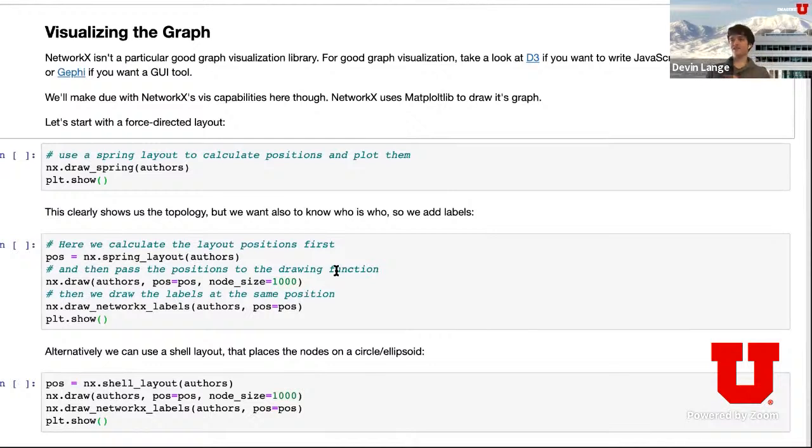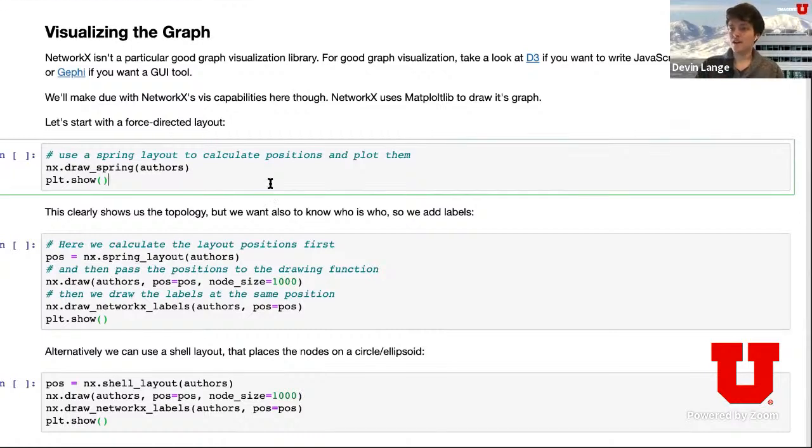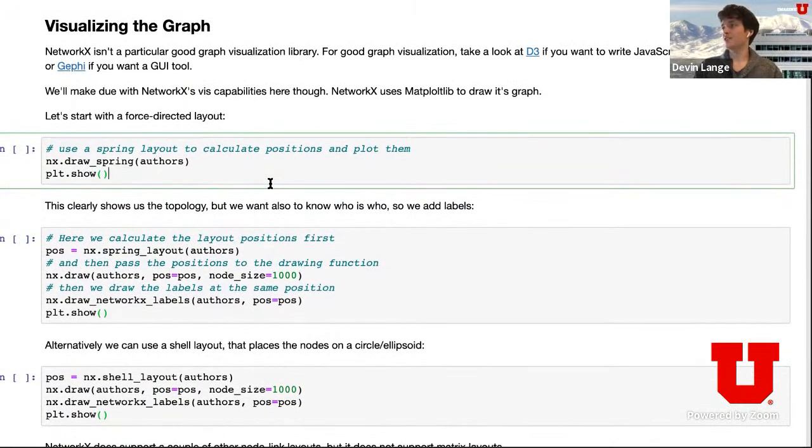With graphs, it's often a good idea to do some visualization of it. It's a lot easier to see these smaller graphs. And NetworkX isn't necessarily the best visualization tool. There are more sophisticated ones like D3 if you want to write JavaScript code, as well as Cytoscape and Gephi. But it is relatively easy to use here.